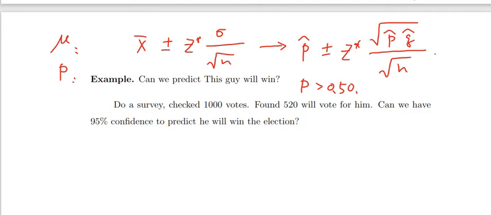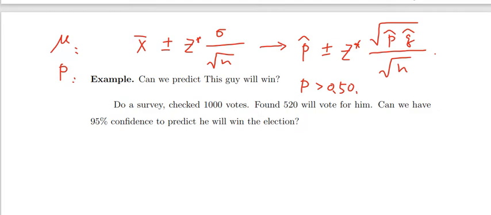The population here is huge, so we cannot check many people. Suppose we check 1,000 people and find that among 1,000, 520 will vote for this guy.